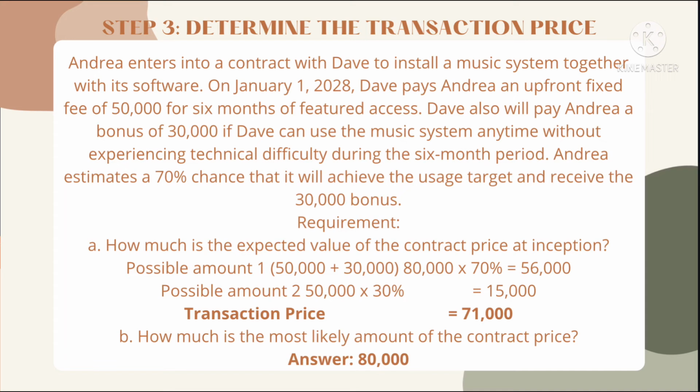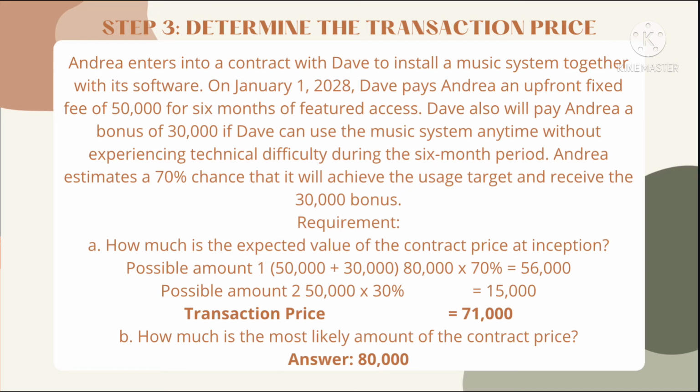And yung possible amount 2 na 50,000 times 30%. So, sa possible amount 1, ang sagot ay 56,000 and sa possible amount 2 is 15,000. So, under the expected value approach, our transaction price will be equal to 71,000. Yun yung 56,000 plus 15,000. Kaya ang sagot sa letter A ay 71,000.